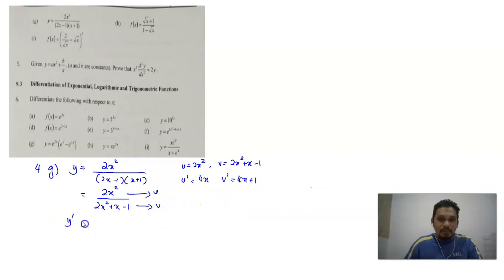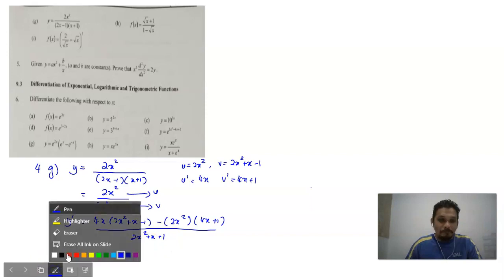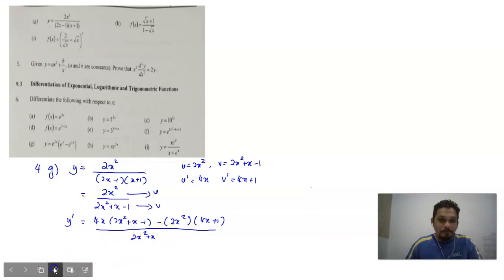Then dy/dx equal to u prime, 4x, and v, 2x squared plus x minus 1, minus u, 2x squared, and v prime, 4x plus 1, and everything divided by v squared, v, 2x squared plus x minus 1, in bracket square.